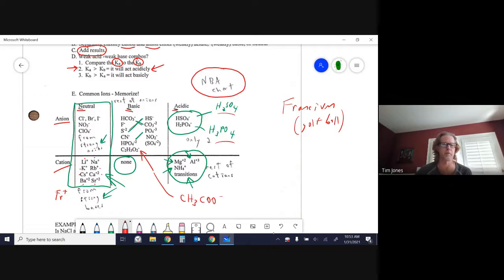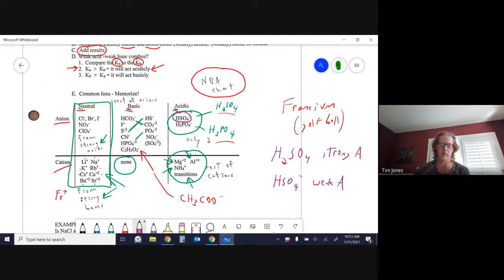All right, now to the sulfuric acid situation. So sulfuric acid, this is strong. Once it loses that first hydrogen and you have HSO4 minus 1, that's weak. So strong acid, weak acid. And it is right here. It is an acidic anion because it's a weak acid.